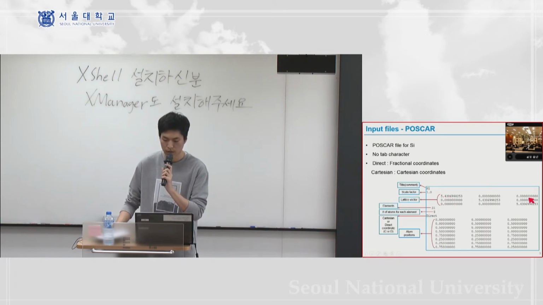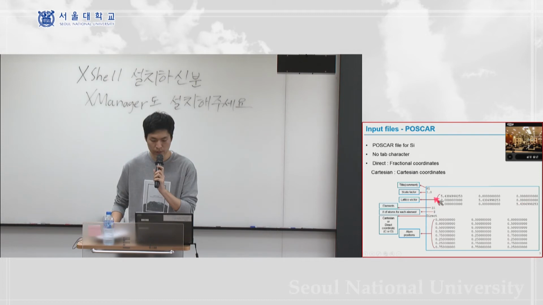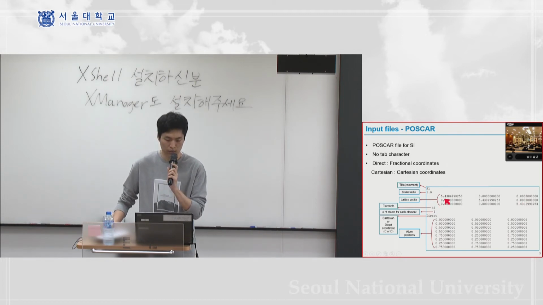And the next 3 lines indicate lattice vectors. So the third line is the A1 vector, and the next is the A2 vector, and the last one is the A3 vector. So these three lattice vectors constitute the system lattice, and on the next line we write the element.